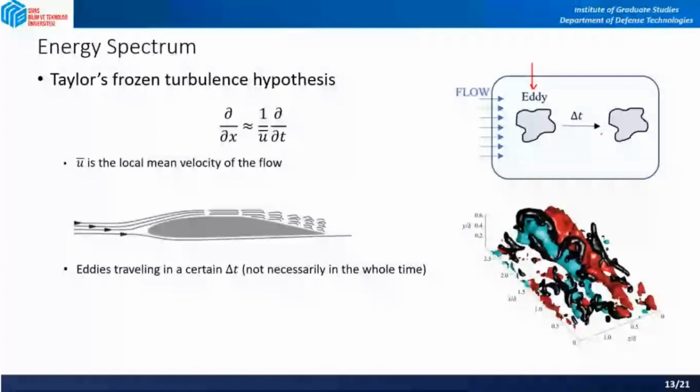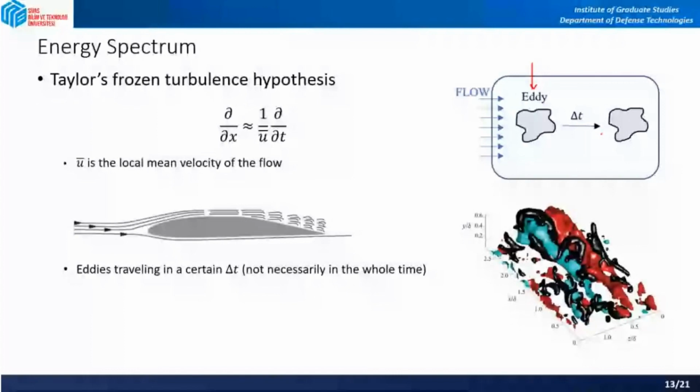And if I have exactly the same shape of this eddy, this is what we know as Taylor's frozen turbulence hypothesis. So we are talking about the Taylor's frozen turbulence hypothesis.